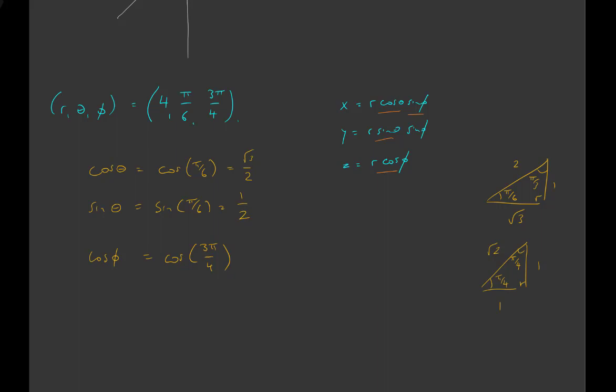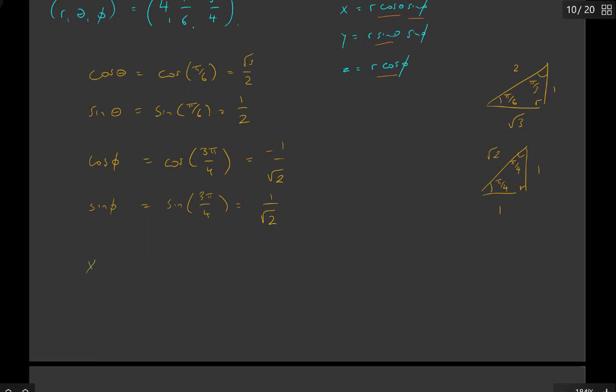And remember, you can use the CAST rule to figure out if it's plus or minus, or we can look at the graph of cosine. And in this case, since we're in the second quadrant, this is going to be negative. On the other hand, sine will be positive 1 over root 2. All right, so now we can work out our x, y, and z values. x is just going to be the radius times, remember I'm looking up here now, the cosine of theta, root 3 over 2, times the sine of phi, 1 over root 2.